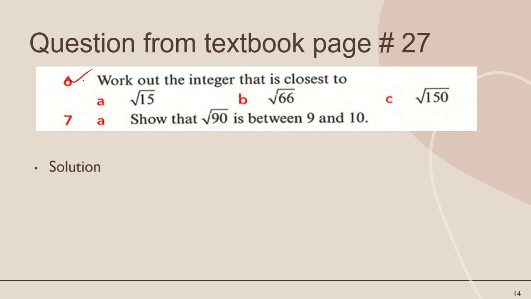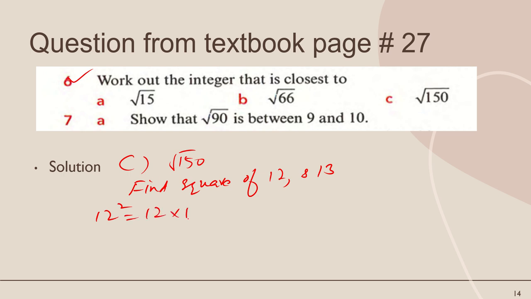Okay, question number 6. Work out the integer that is closest to... Okay, for example, part C, 150. Suppose we find the squares of 12 and 13. The square of 12 is 12 times 12, which is 144, and the square of 13 is 13 times 13, which is 169.